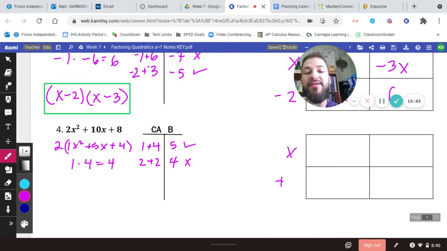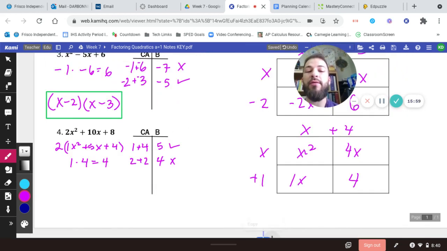So x and positive 1, x and positive 4, x times x is x squared, x times 1 is 1x, x times 4 is 4x, and 4 times 1 is 4. So just to check, 1x plus 4x does equal 5x.